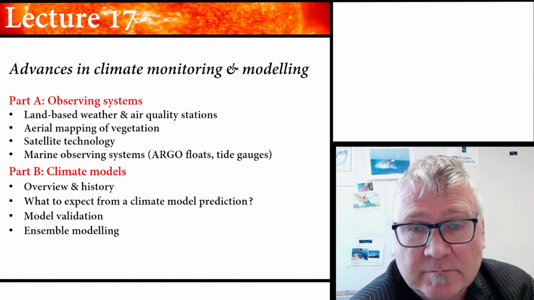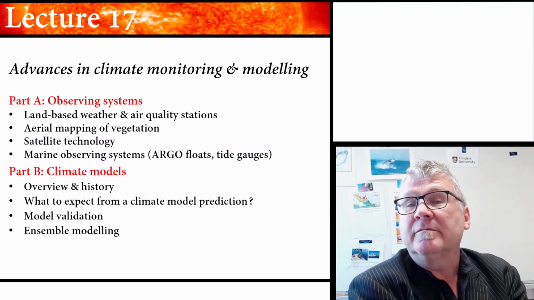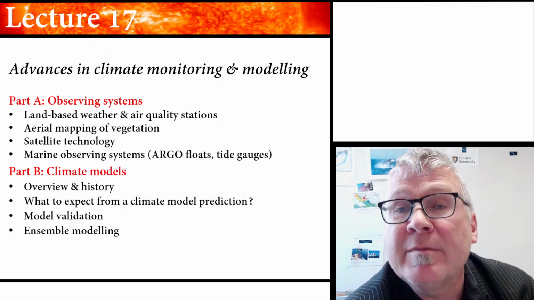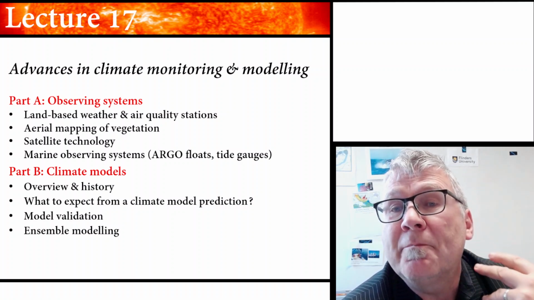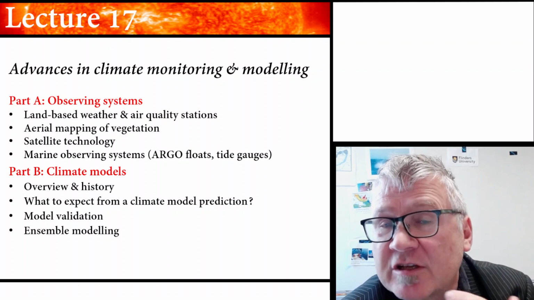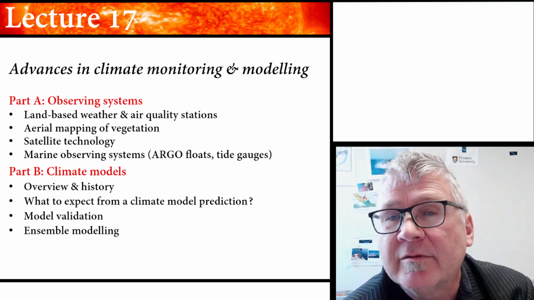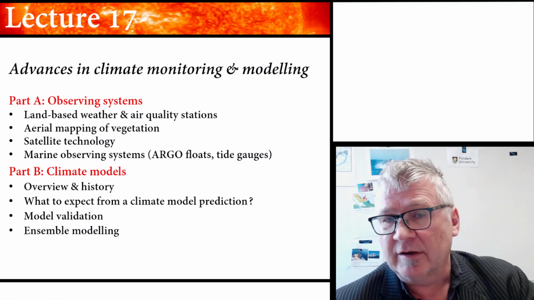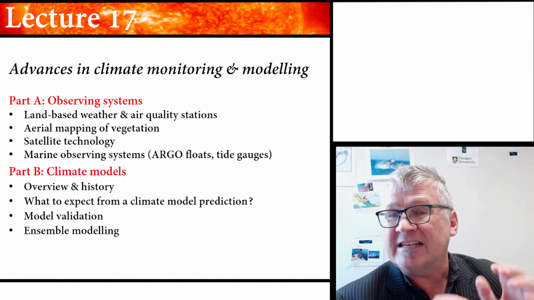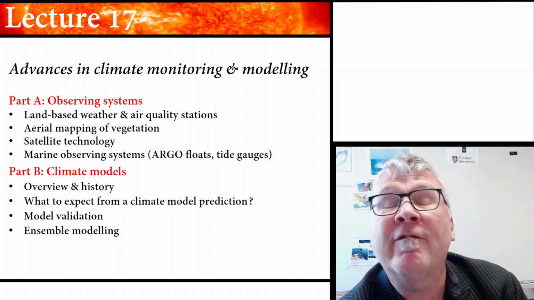The second part focuses on climate models, and climate models are the key to predicting future changes in the climate. So what's a climate model? How does it work? I try to explain this to you. I give you an overview.